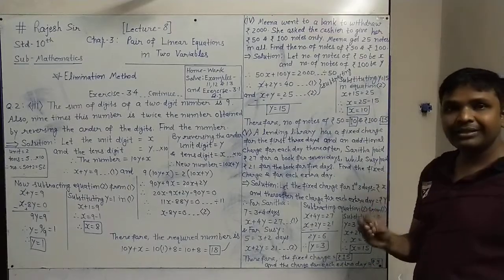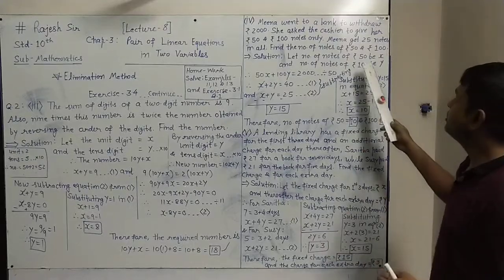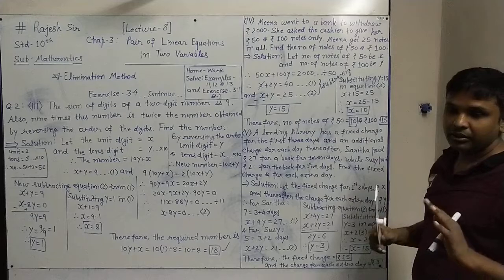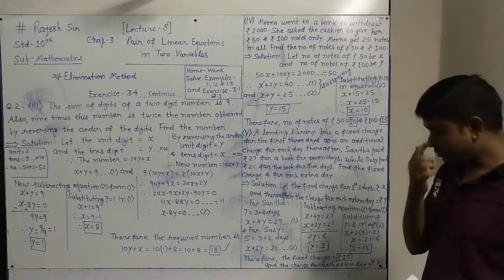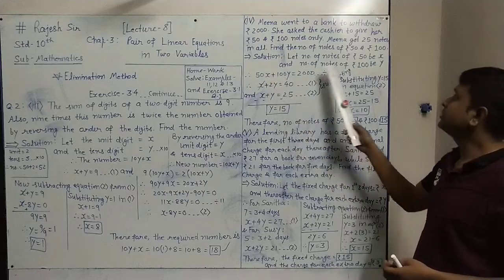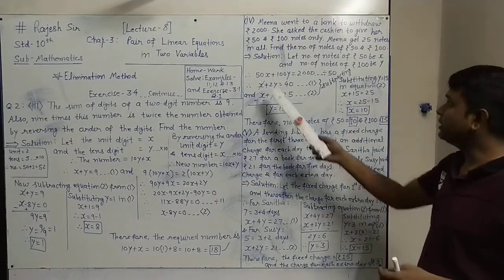So if there are x notes of rupees 50, their value will be 50x, plus the 100 notes are y, so their value will be 100y.